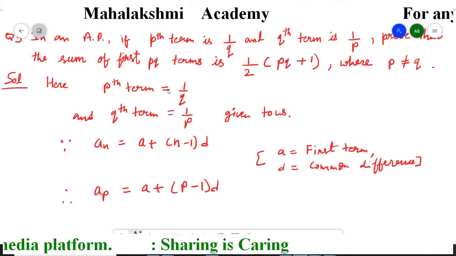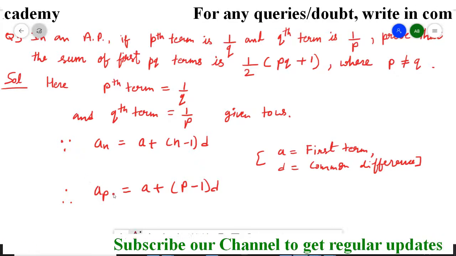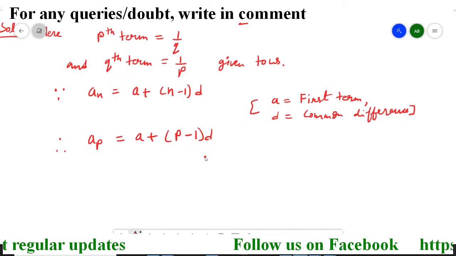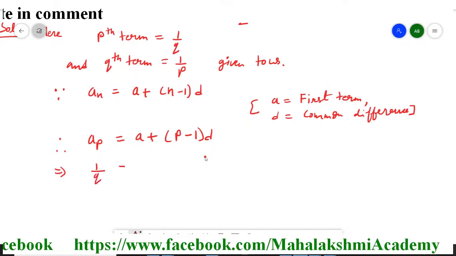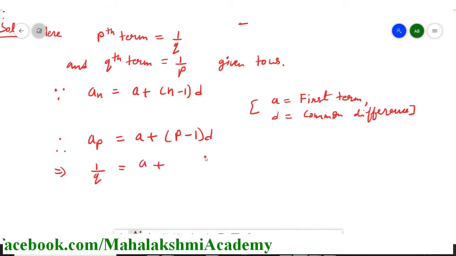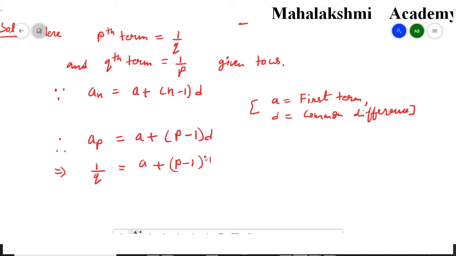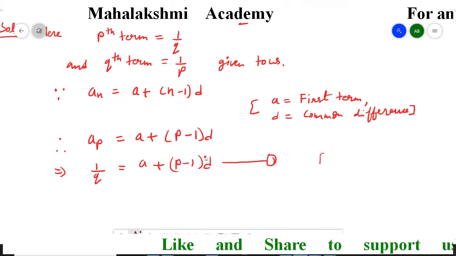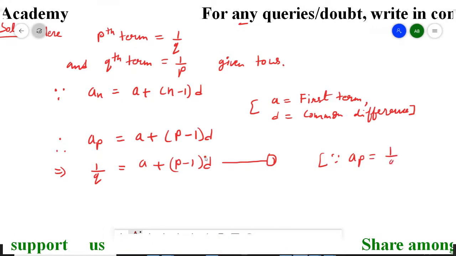Now the pth term is 1 upon q, so instead of ap we replace it by 1 upon q. So we get 1 upon q is equal to a plus p minus 1 d, which is going to be our equation 1, since the pth term is 1 upon q.